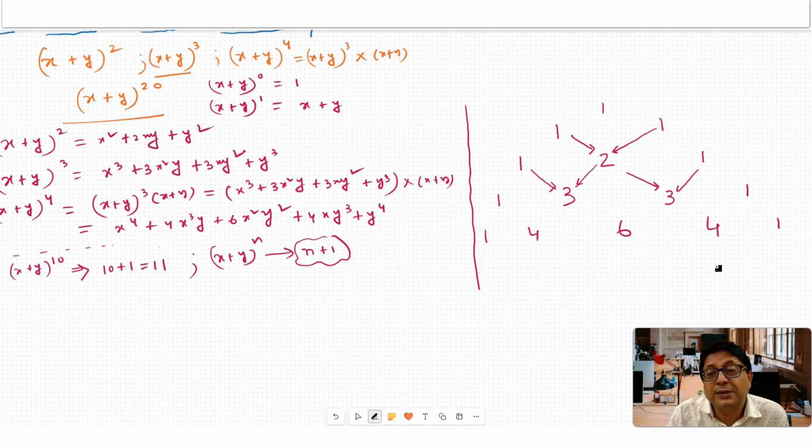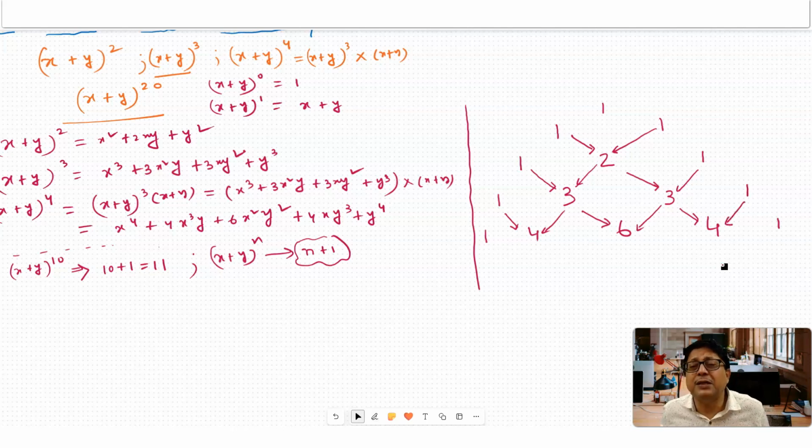Next row if you see, then what is going to happen? This 4 how to get? This 1 and 3 added together to give 4. This 3 and this 3 added together to give 6. So many things are there to observe. First, 2 extreme terms are 1.